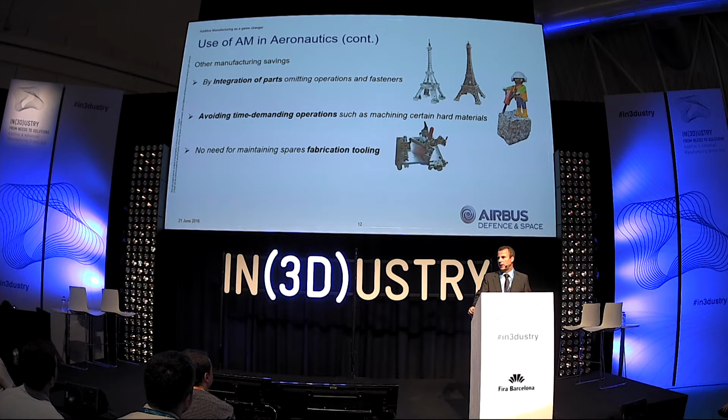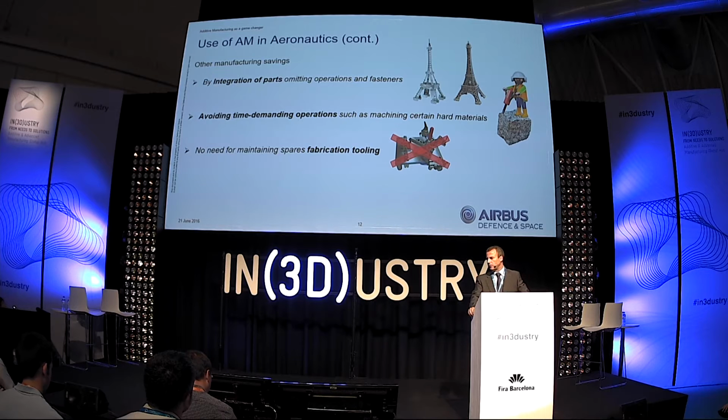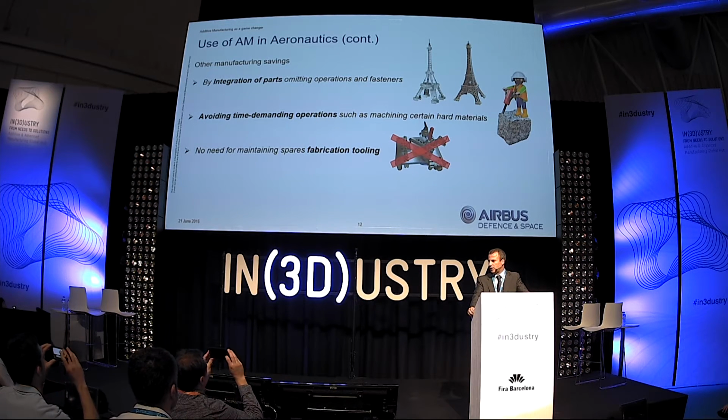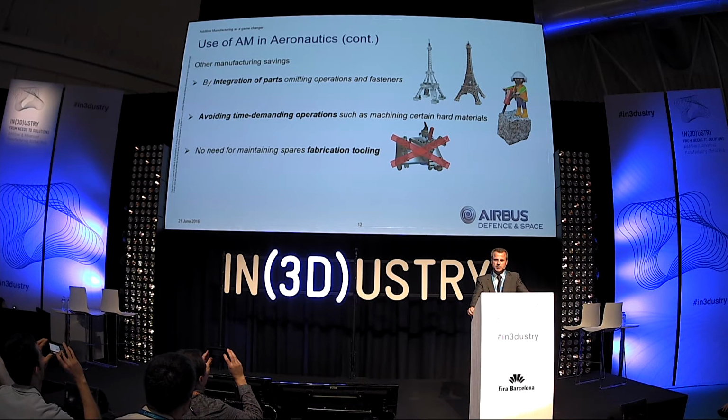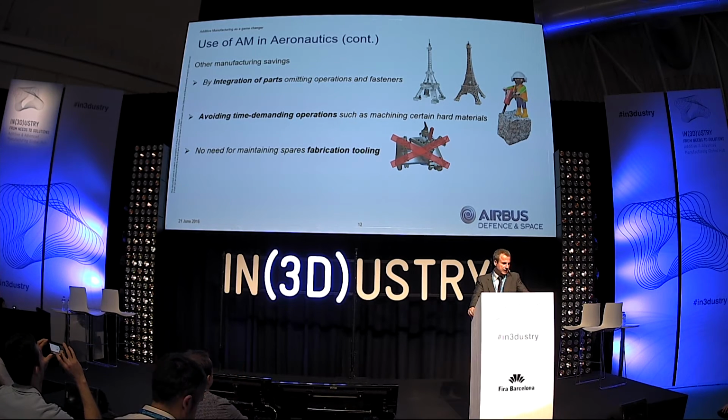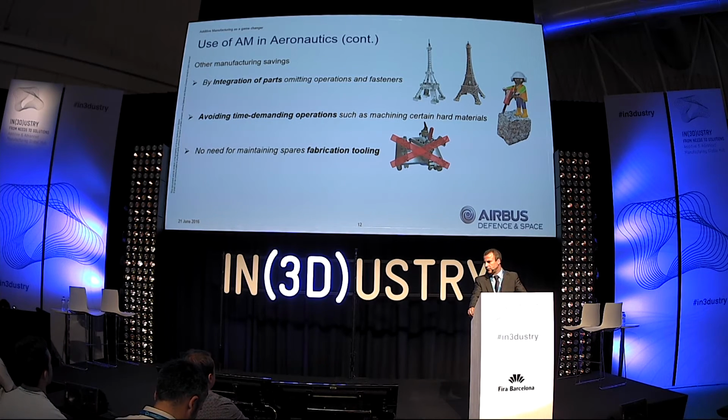Next, aeronautical companies are obliged to maintain the spare parts in the entire life cycle of an aircraft. So this means that if a part needs tooling to be fabricated, this tool should be maintained all the time. It should be checked from time to time from the quality point of view. So it takes time, of course, it costs.